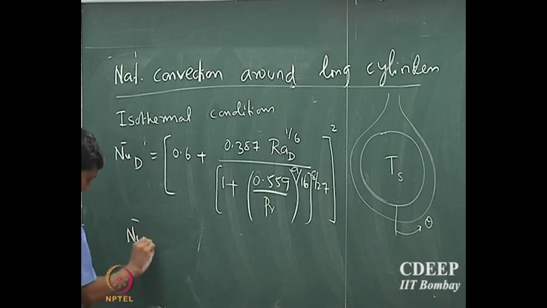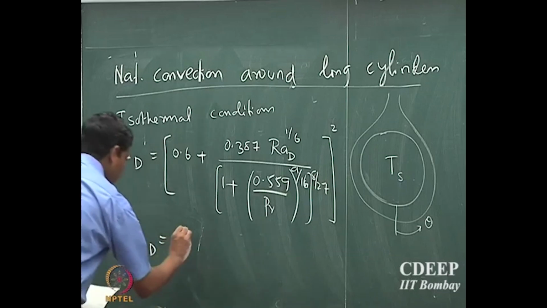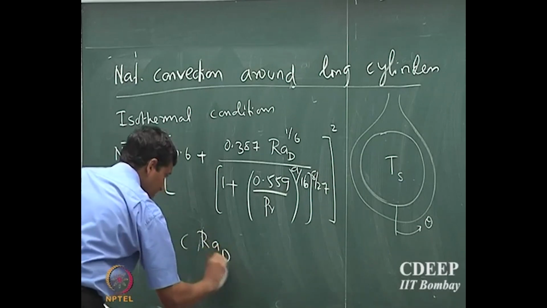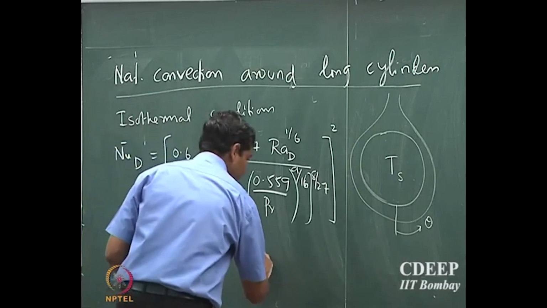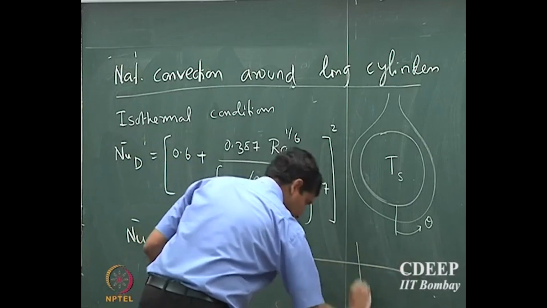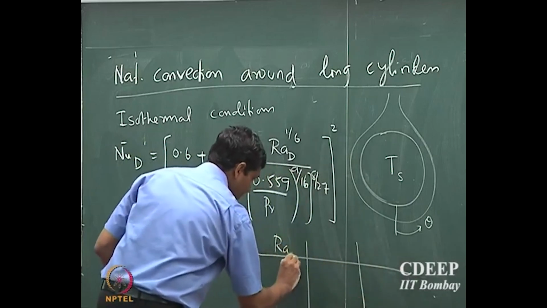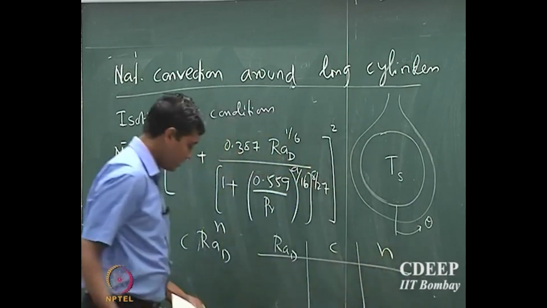and there is also an alternative correlation which is given by some C times Rayleigh number to the power of n, and there is a table which tells you what these constants are for various values of Rayleigh number.